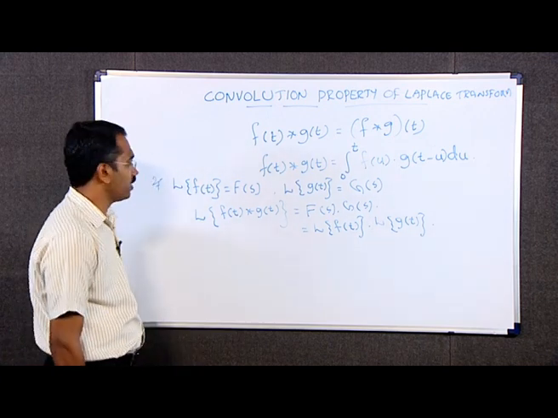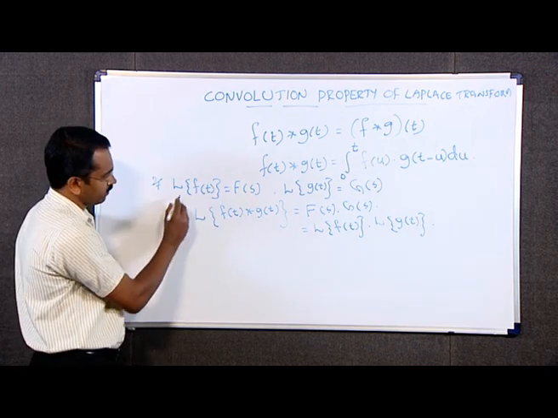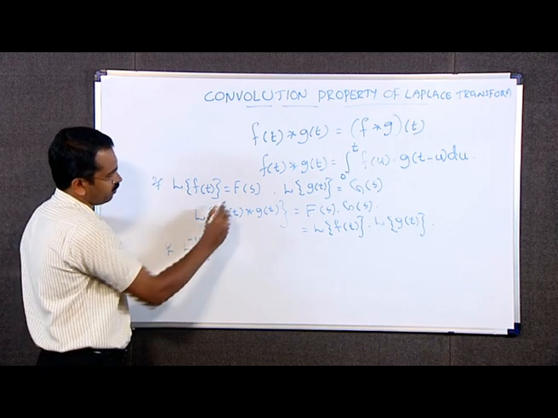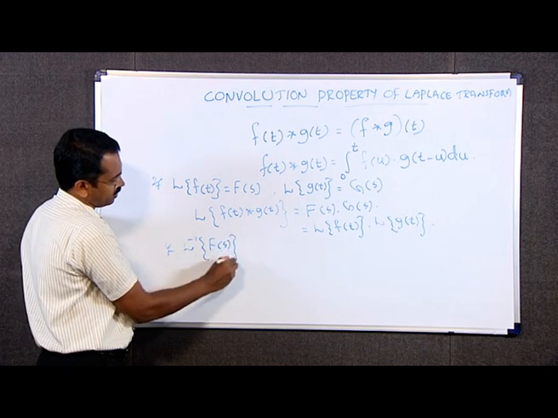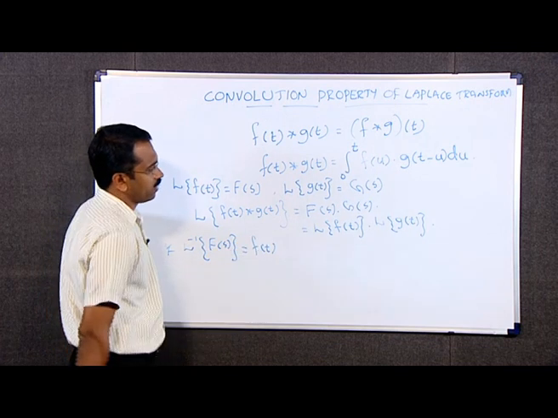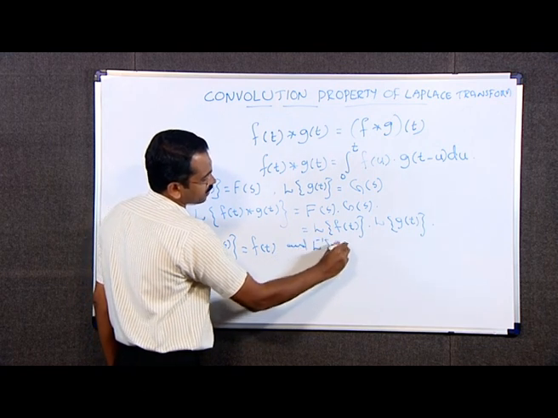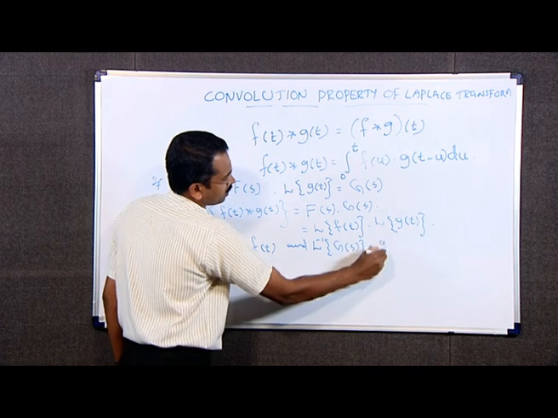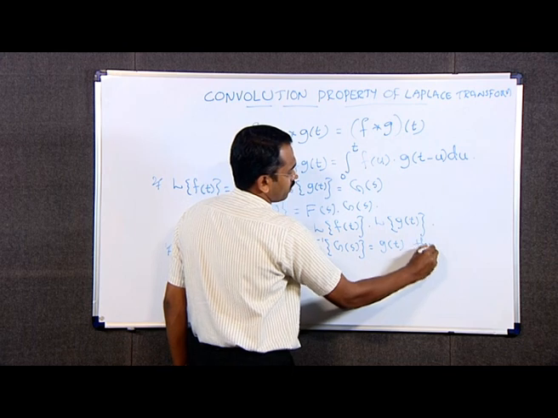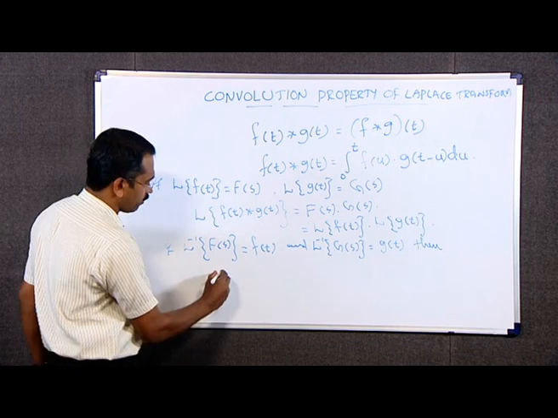Now, consider the inverse Laplace transform of this statement. We can write, if L inverse of F of s is equal to f of t and L inverse of G of s is equal to g of t, then we can write L inverse of F of s into G of s.